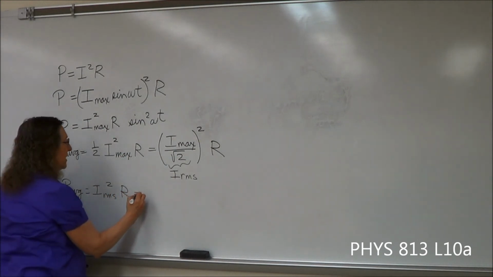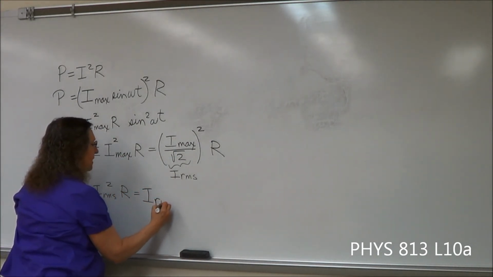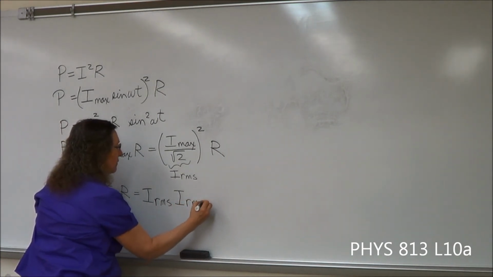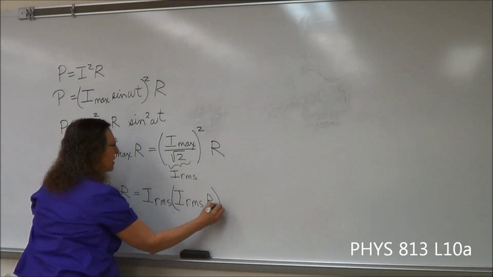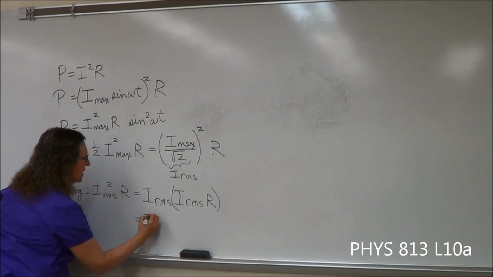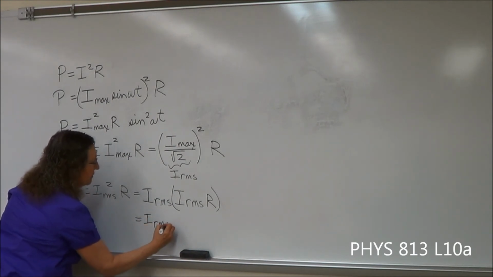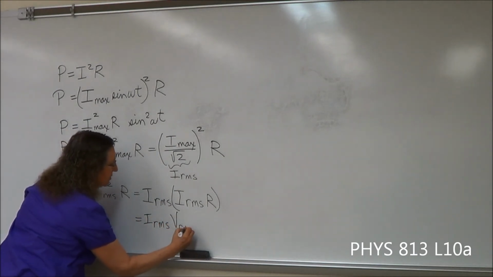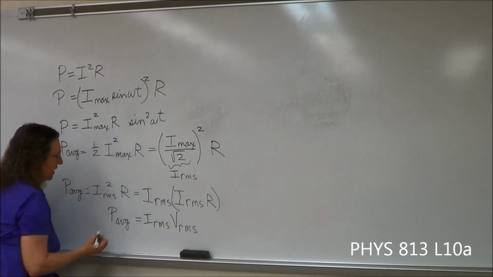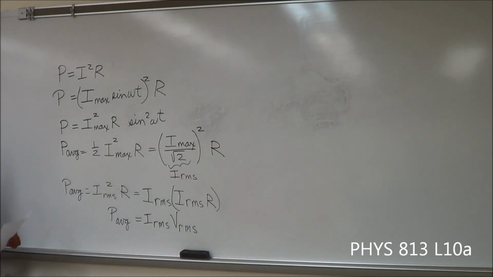So we can separate this as I RMS times I RMS times R. So current times resistance is actually voltage. So this then becomes I RMS times voltage RMS, our average power. And you might be thinking, well, why do we need to do that? Where are we headed with this?